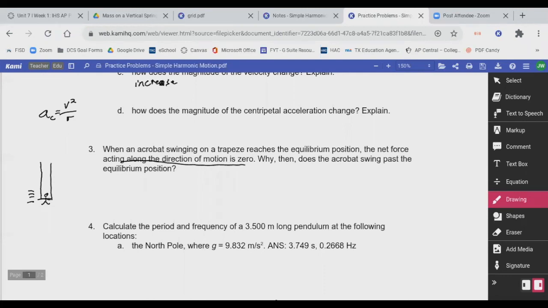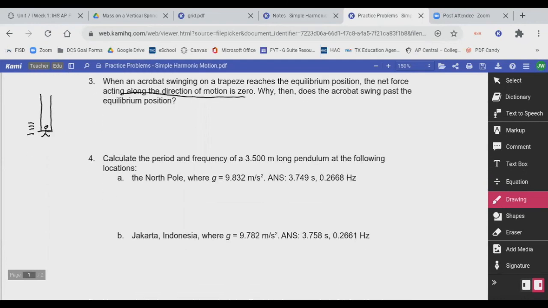All right, it's 10:15, but I kind of want to set up at least one problem together. So let's look at the start of number 4. Then I'm going to turn it over to you guys and let you have the next 2 days to work on things. So let's scroll this up, and it says calculate the period and frequency of a pendulum. So we want period, we want frequency, and they've told us that the length is equal to 3.5 meters at the following locations.